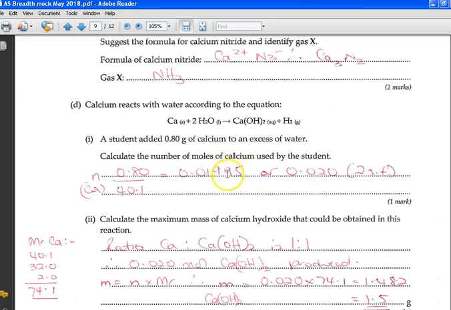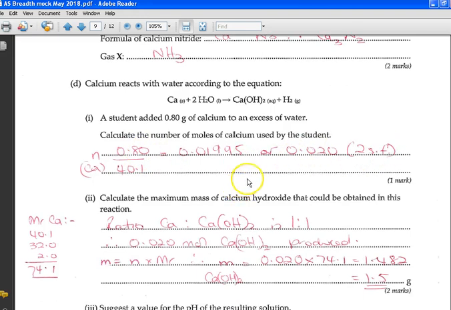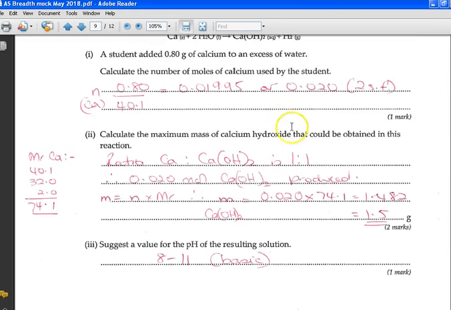I'm not sure that you would get a mark if you'd recorded your answer to 5 decimal places, 1, 2, 3, 4, 5, because here obviously this is 3 significant figures, this is 2, so really you should have been recording it to 2 significant figures. So I was very generous, and same here really.